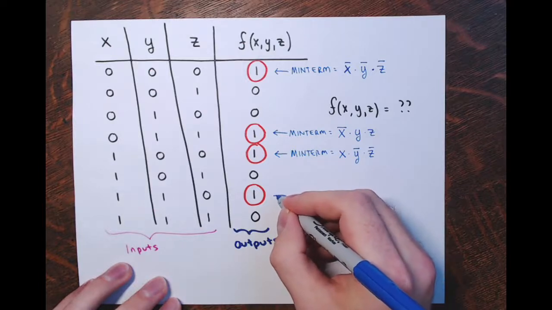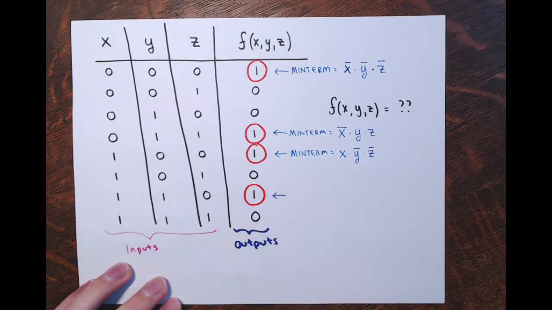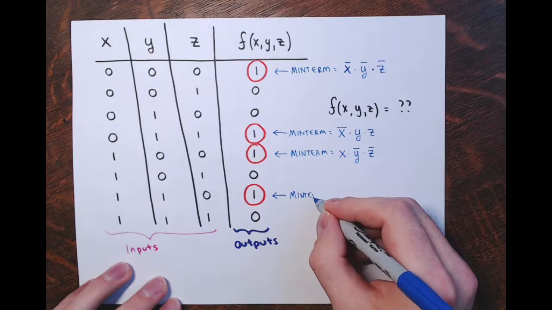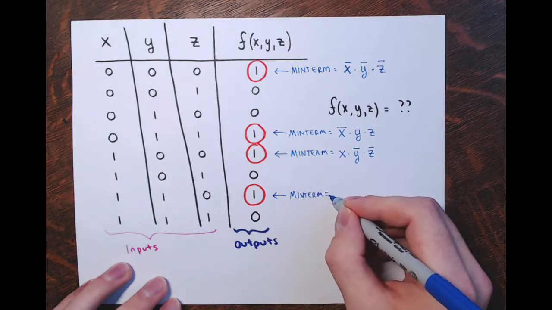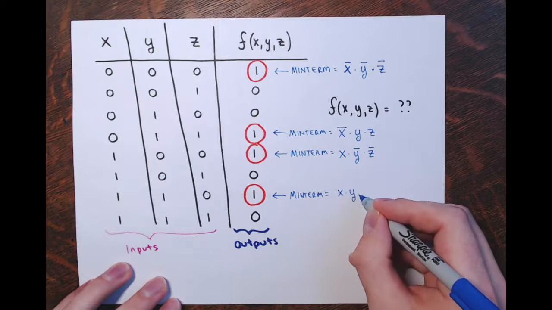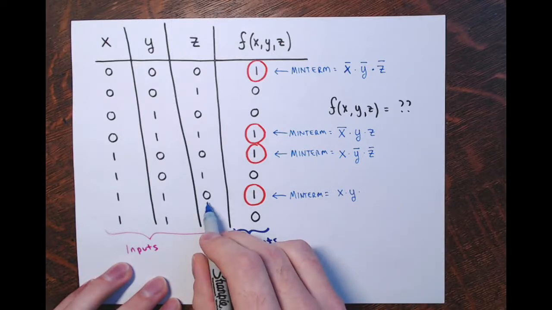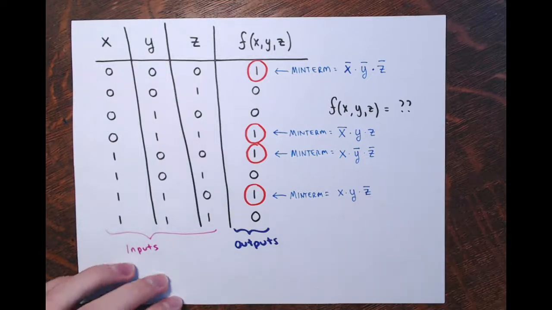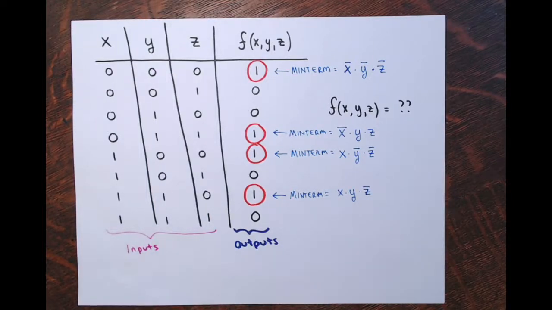And finally, the only other scenario where the output is 1, the min term for this seventh row: x and y are both 1, so I leave those the way they are. Z I change into 1 by taking the complement. So the min term for this last row is x times y times z bar.